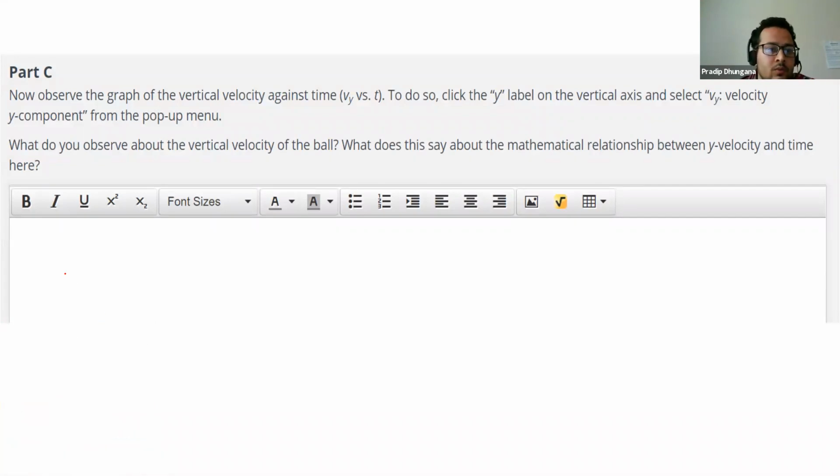Okay, now what do you observe about the velocity of the ball? So velocity is decreasing over time, but this time linearly, okay, not parabolically.